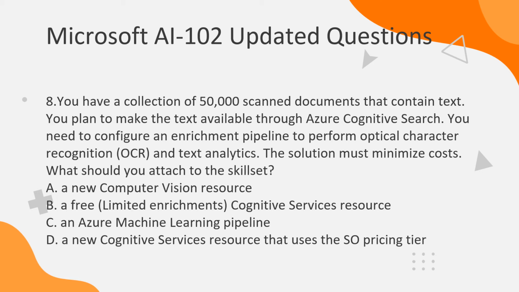What should you attach to the skillset? A. A new Computer Vision resource. B. A free, limited enrichments, Cognitive Services resource. C. An Azure Machine Learning pipeline. D. A new Cognitive Services resource that uses the S0 pricing tier.